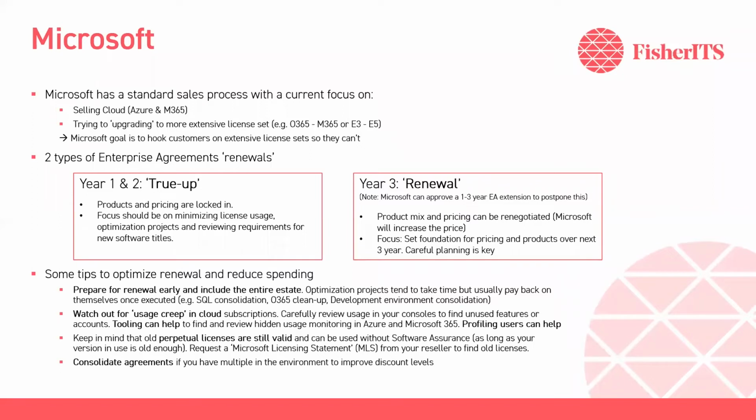Because if you can disable 100 accounts, it can be worth almost someone's year's salary as well, depending on which kind of accounts they find to disable, of course. Or just finding a few of those Azure machines that you can turn off or reduce. It can make quite a bit of difference.